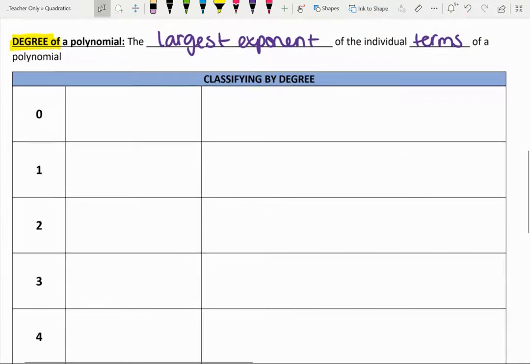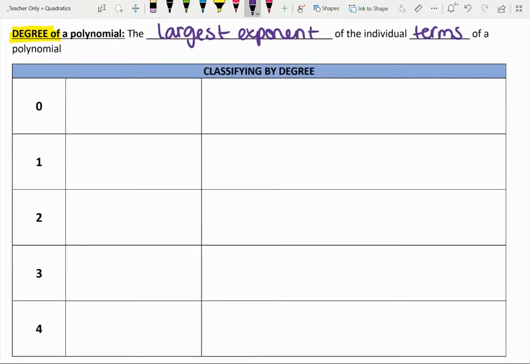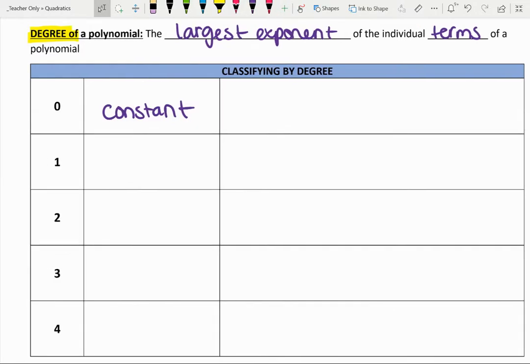If our largest degree is 0, we call that a constant. One way to remember this: if it's a degree 0, that means there is no variable at all. If we think of what variable means, changing, the opposite of changing is constant. So an example like 6.